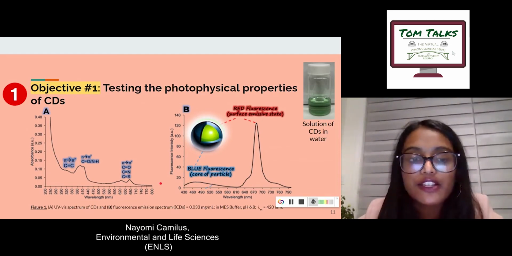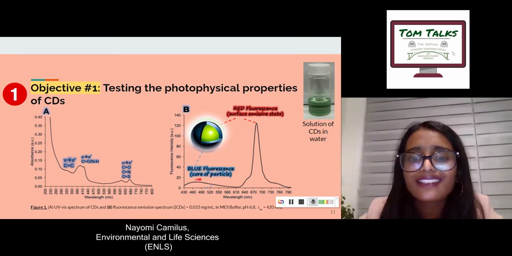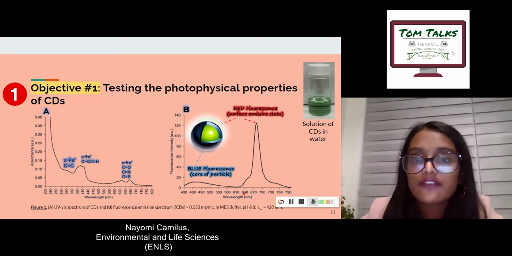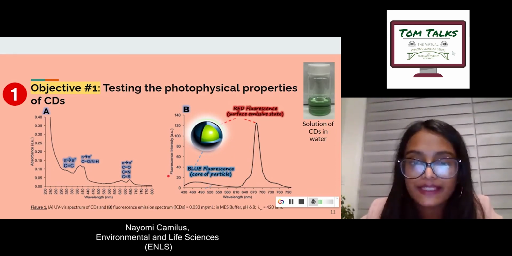So these are very interesting characteristics of the carbon dots that we can use to study when we add the amino acids, so either tyrosine, phosphotyrosine, or nitrotyrosine. We can see how this fluorescence emission can actually shift depending on what is added, and that is how we will study the interaction between them.